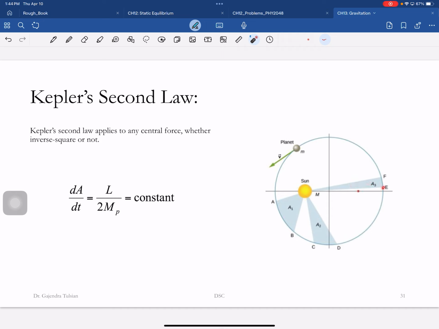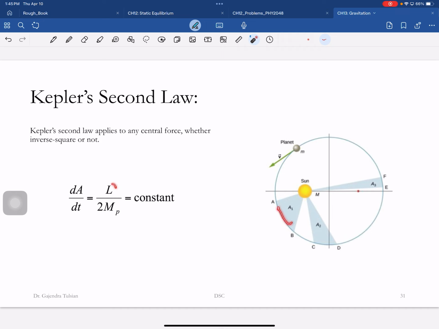So let's say it goes from here to here in 1 week. And in another week, this area is equal to this area. So Mr. Kepler says a planet will sweep out equal areas in equal time intervals. That's Kepler's second law.